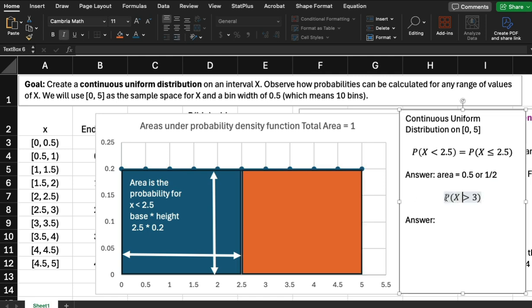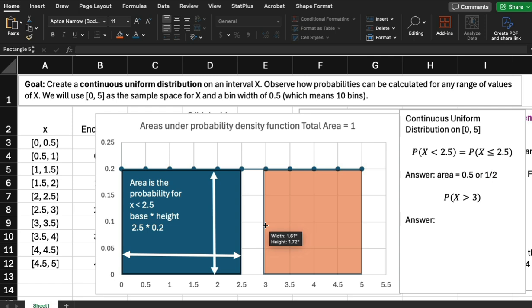Now let's look at the probability that x is greater than 3. We're going to move the orange rectangle so that it only covers that portion. You'll notice that the values of x that my rectangle covers are from x equals 3 to x equals 5, because that's greater than 3.